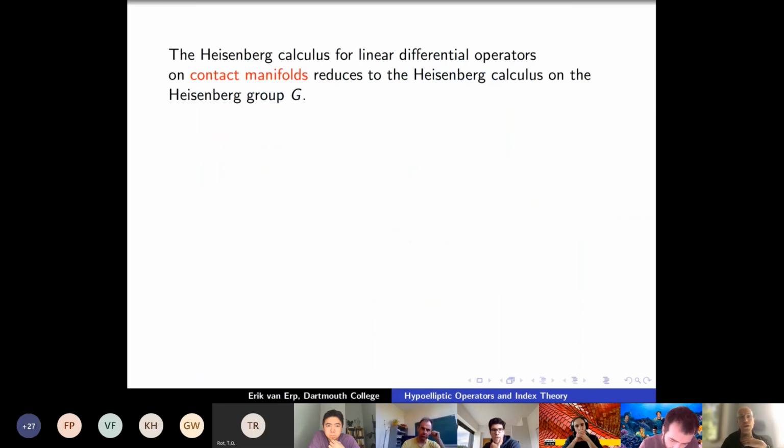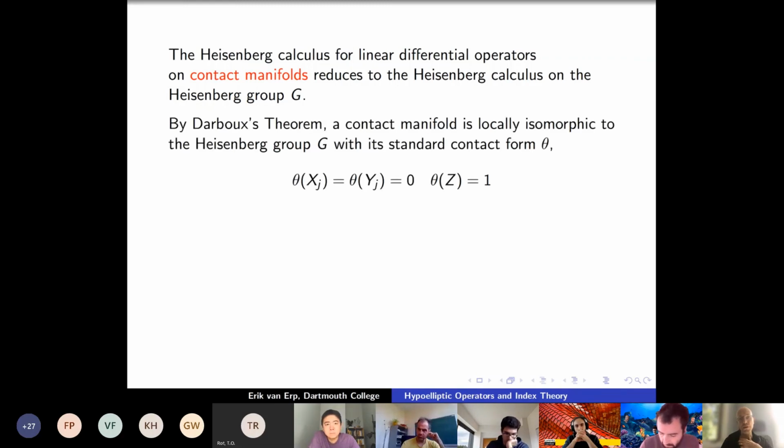Okay, so this was still in the Heisenberg group. Now, of course, passing to contact manifolds is fairly straightforward. A contact manifold is locally a Heisenberg group. I think the Darboux theorem is a theorem in symplectic geometry, but I think the same thing for contact manifolds is also called the Darboux theorem.